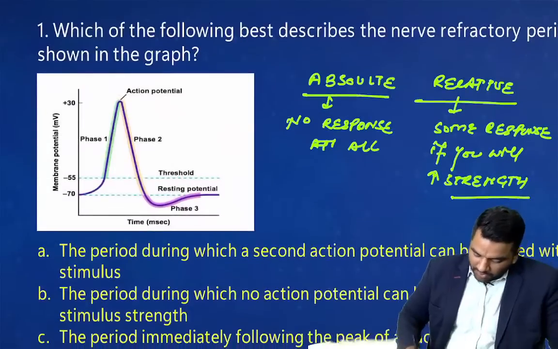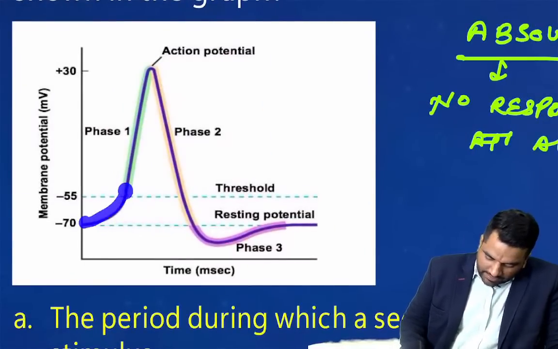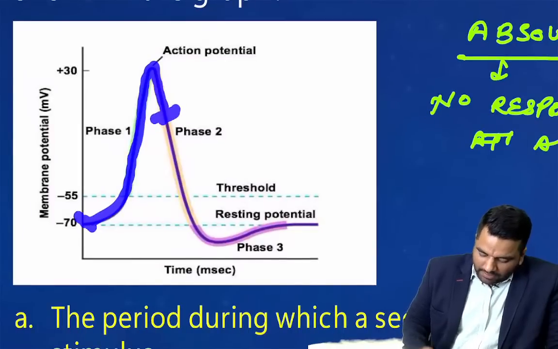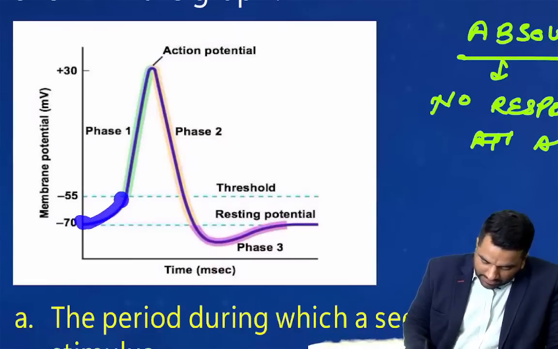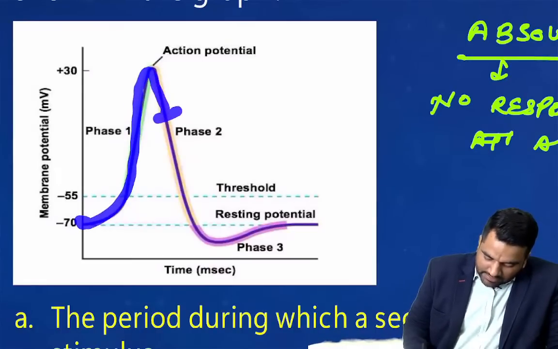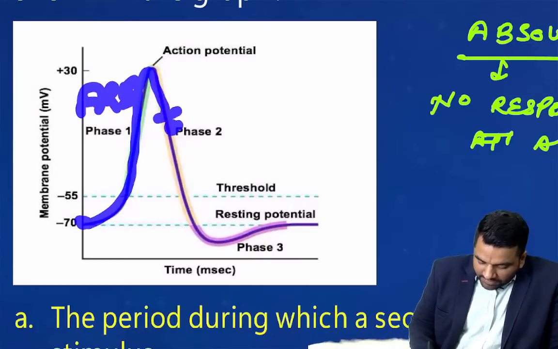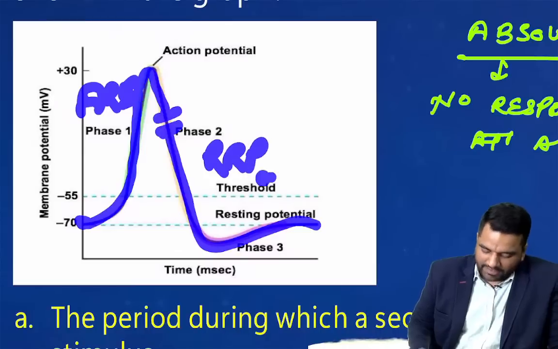So now, according to this graph, I told you from this area up to this area, this phase was completely for what, beta? For the absolute refractory period. And from this area up to this area, this is for the relative refractory period.